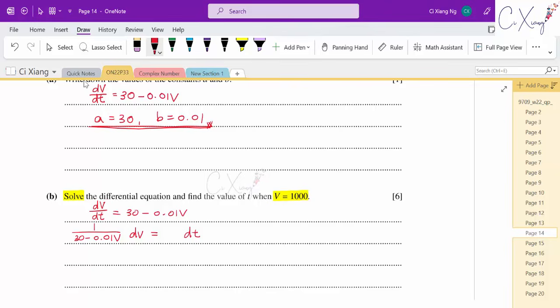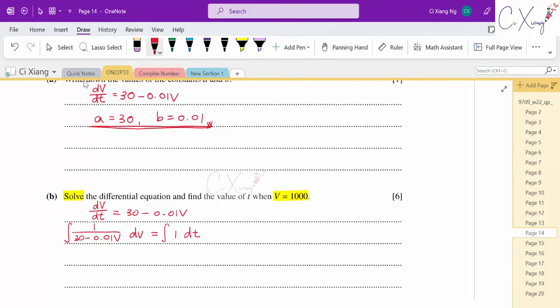You can see very clearly now that the variables are separated, all the V on the left, all the t on the right. Therefore, you can put the integration sign. Please take note of the dt here, there's a constant 1. Now we can integrate both sides separately.